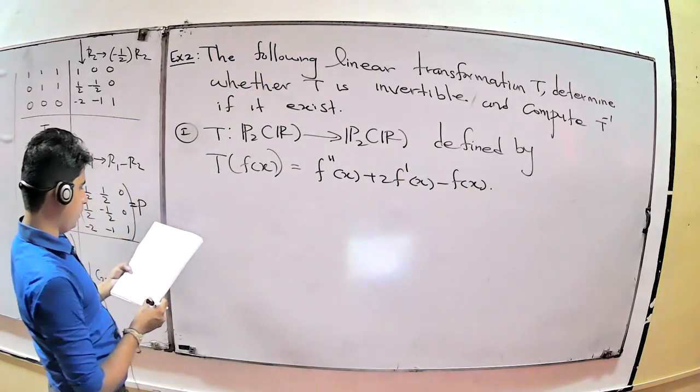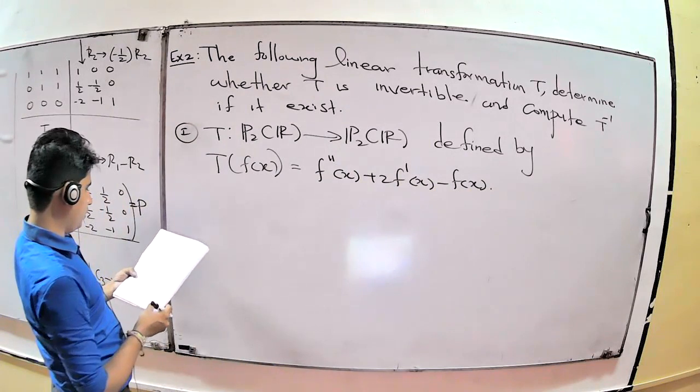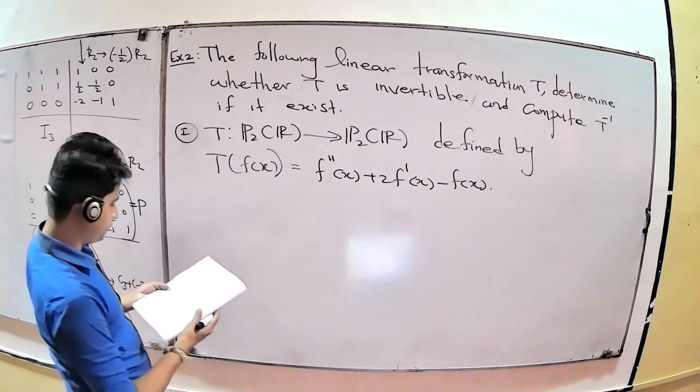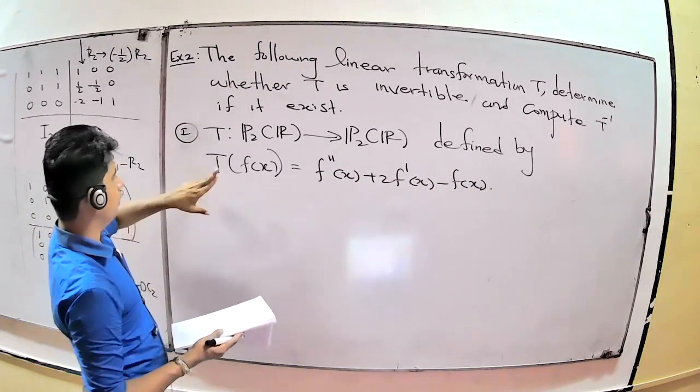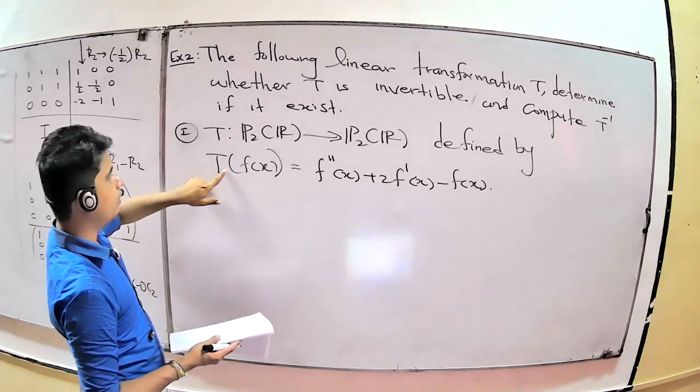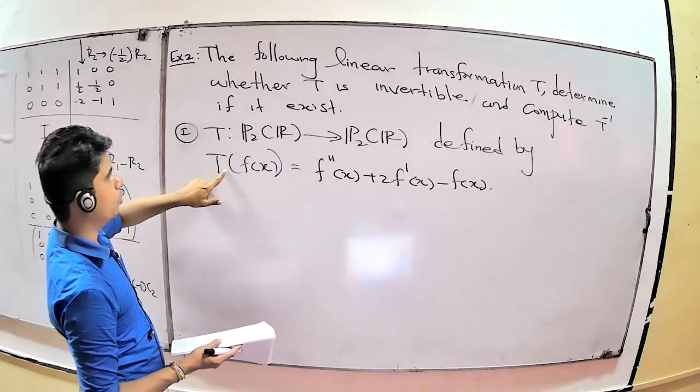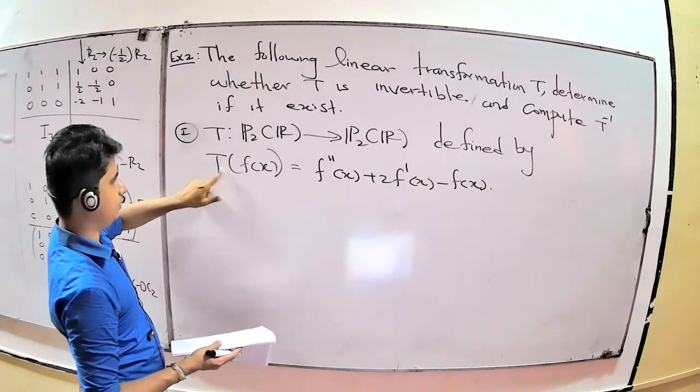For this question, you want to prove that T is invertible, and also find the T inverse if it exists.